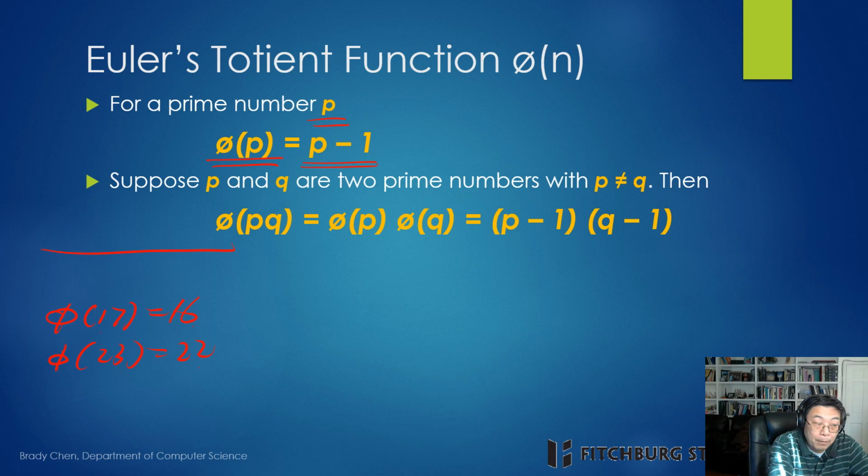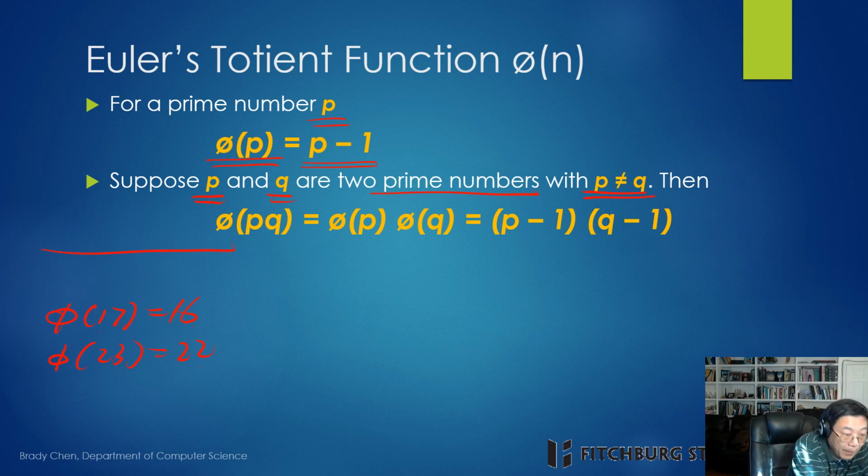Now, the other property about Euler's totient function is very important. Suppose I have a p and a q, and p and q are two prime numbers. P is a prime number, q is a prime number, and p and q are not the same.